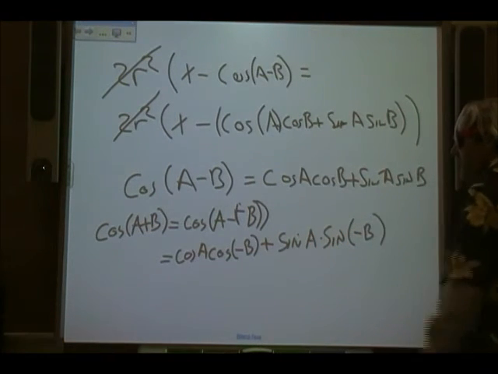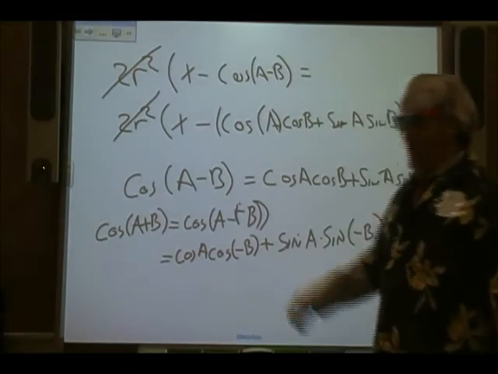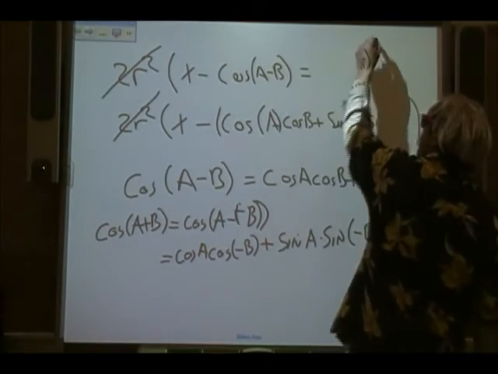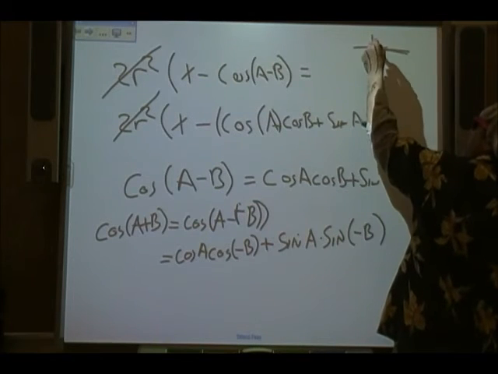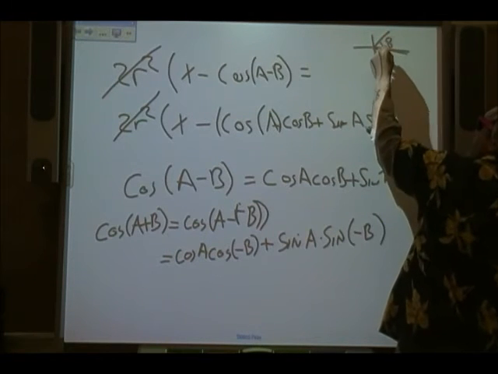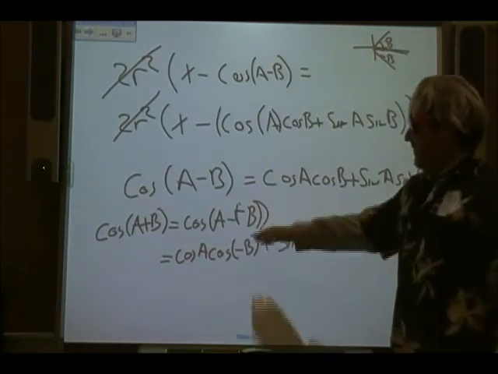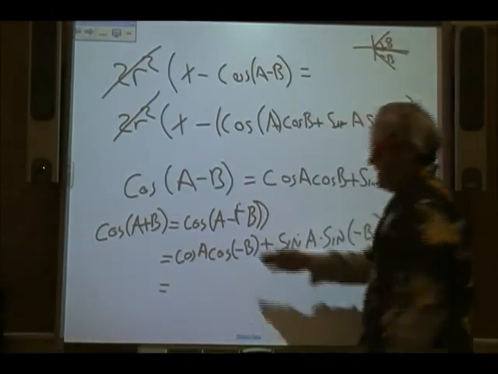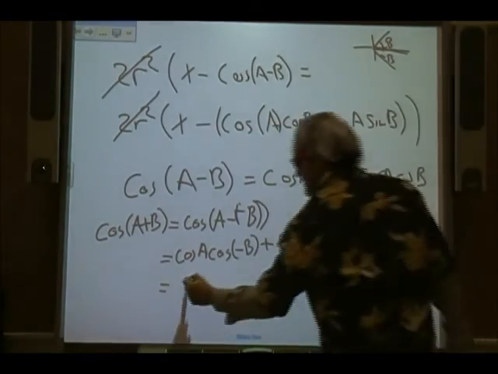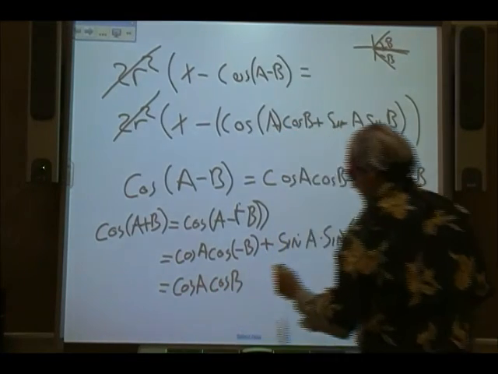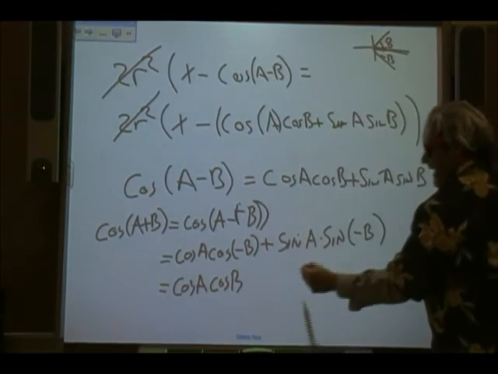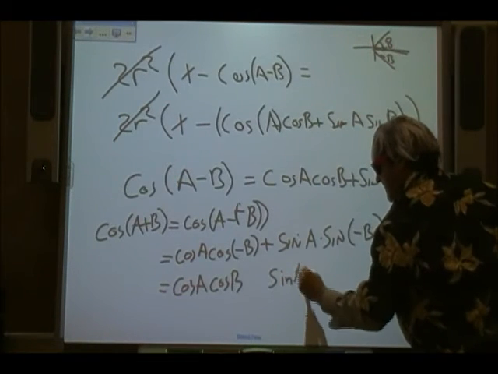Well, when you have a negative angle and you're dealing with cosine, because cosine deals with what? X. And here's positive B, so negative B, it's just going to be the same as cosine B. So this is cosine A cosine B. Now, this one here, sine A is fine.